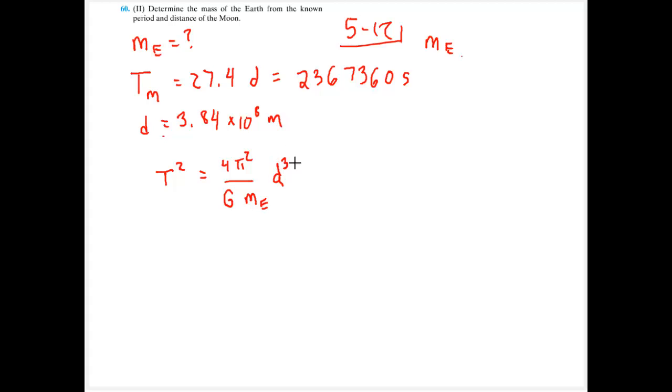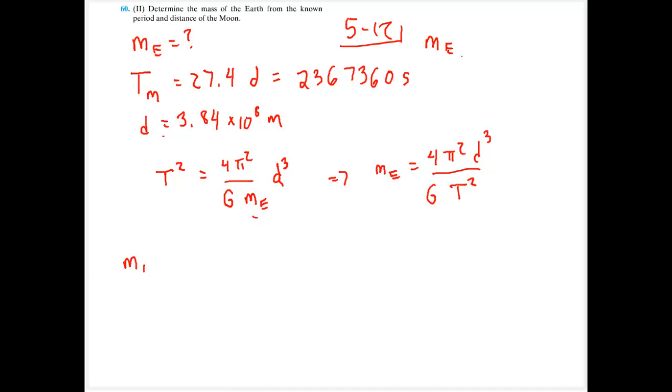So I'm going to make that a d to be consistent right here. I'm solving this for the mass of the Earth, so I'm going to say that the mass of the Earth is equal to 4 pi squared d cubed divided by big G, and then period squared.